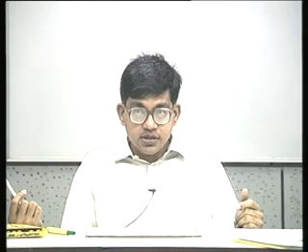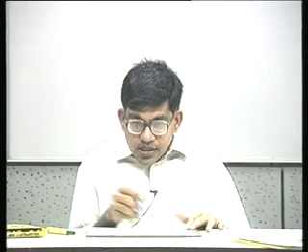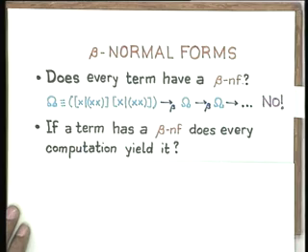So, I have several possible computation sequences, several possible beta reductions. Supposing you have a term which has at least one beta normal form, and it starts off with several possible beta redexes. That means you have several computation sequences. Do all those computation sequences yield the same normal form?